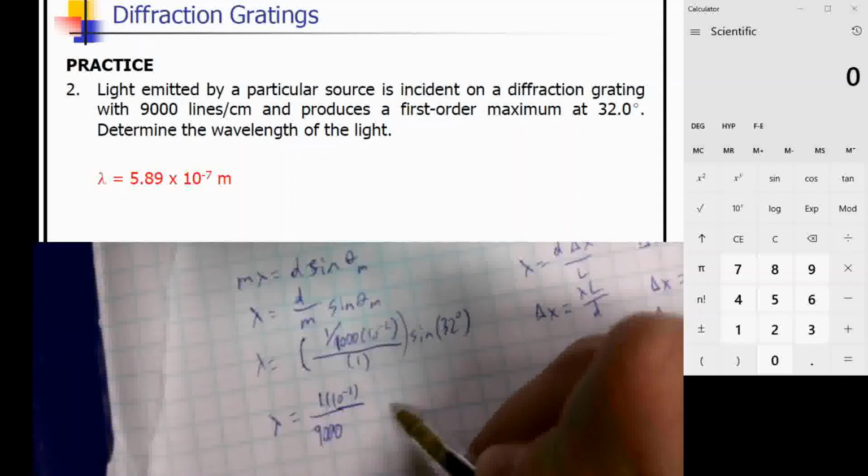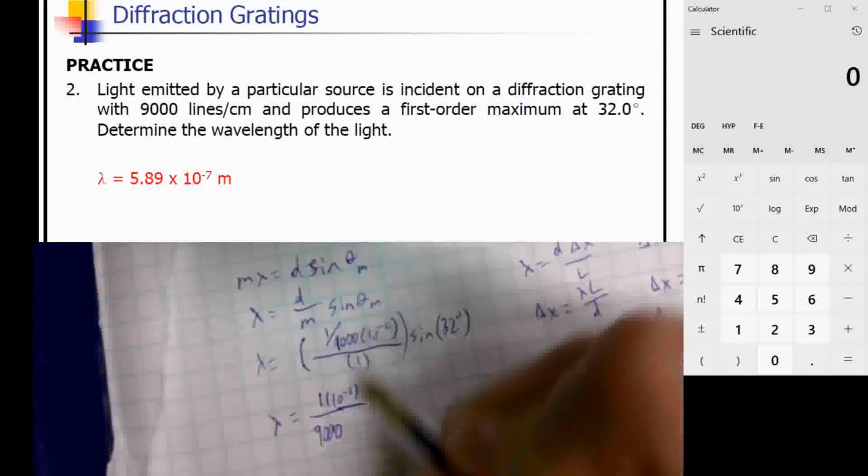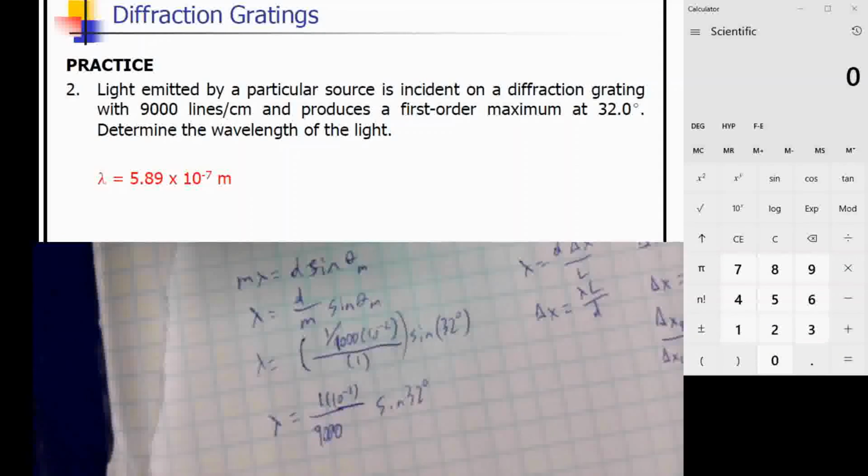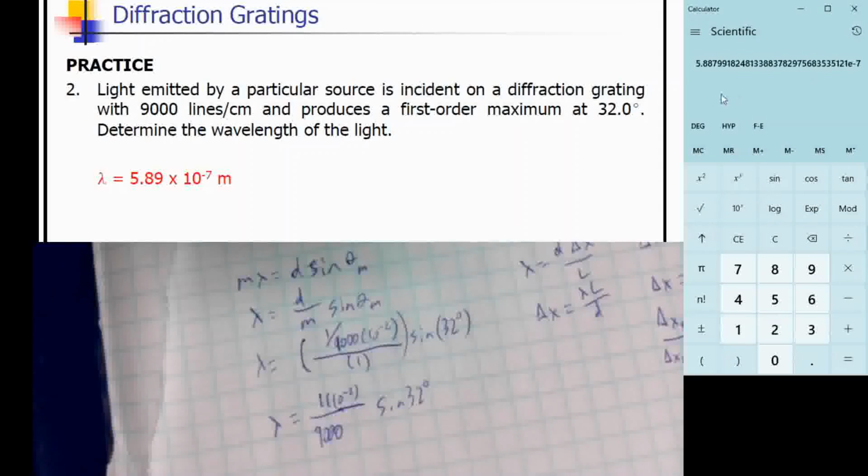So that becomes this whole thing divided by 1 because of the m, sine of 32 degrees. And if I calculate this, it becomes 10 to the power of negative 2 divided by 9,000 times sine of 32. And I get 5.9 times 10 to the negative 7.